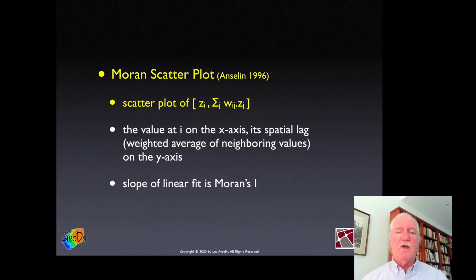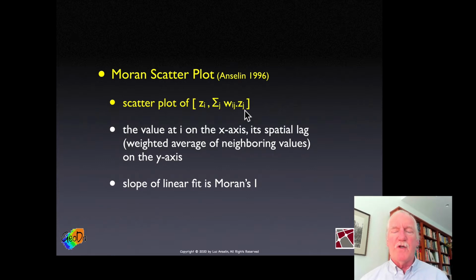So what does this scatter plot amount to? It is simply a scatter plot of the values standardized on the x-axis, and on the y-axis we have the spatial lag. So this is not what you think of.